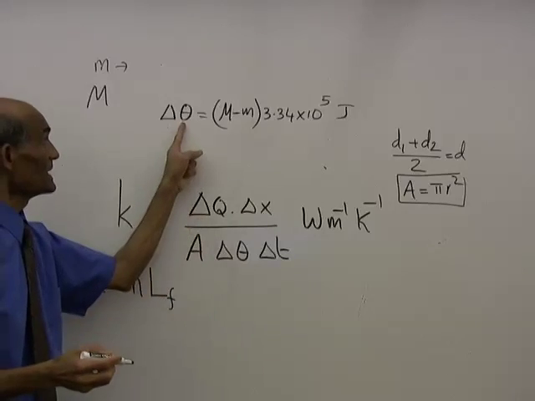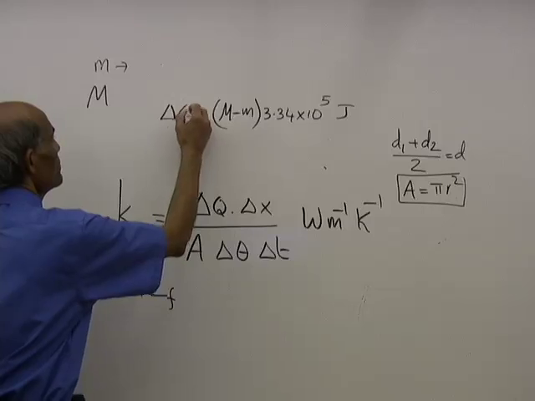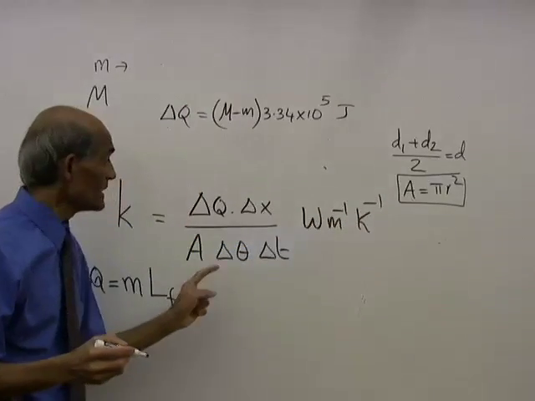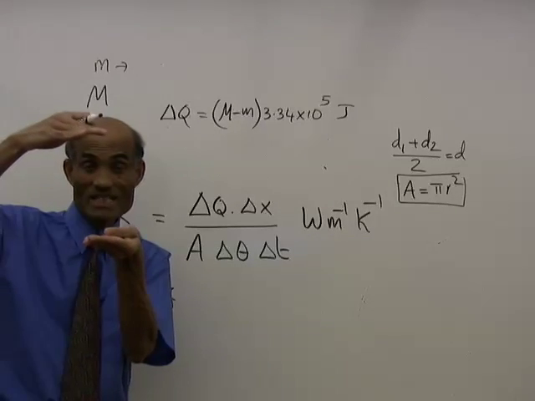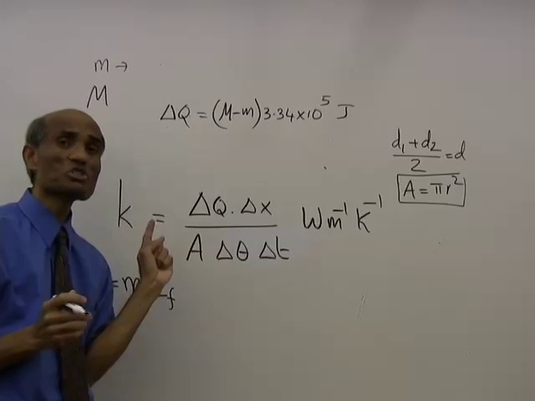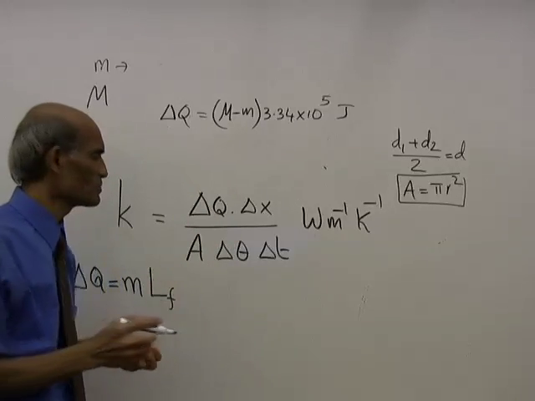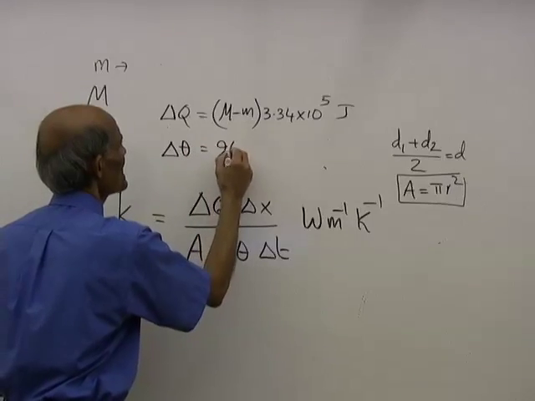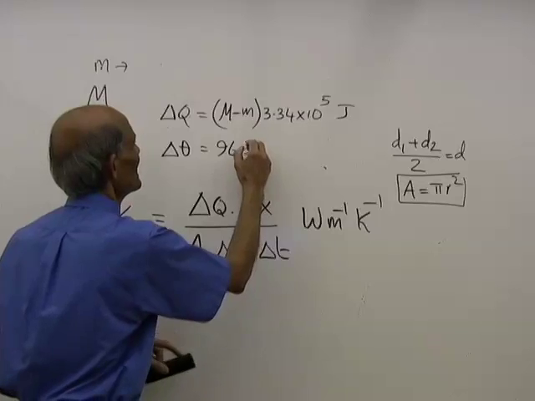So you got delta Q. I'm sorry, that's not delta theta, that is delta Q. You got delta Q and you have A. Delta theta is the temperature difference between the ice side and the steam side. And I think initially I told you that is 100. Actually the temperature doesn't reach 100. I want you to use delta theta equal to 96 degrees Celsius or 96 Kelvin.